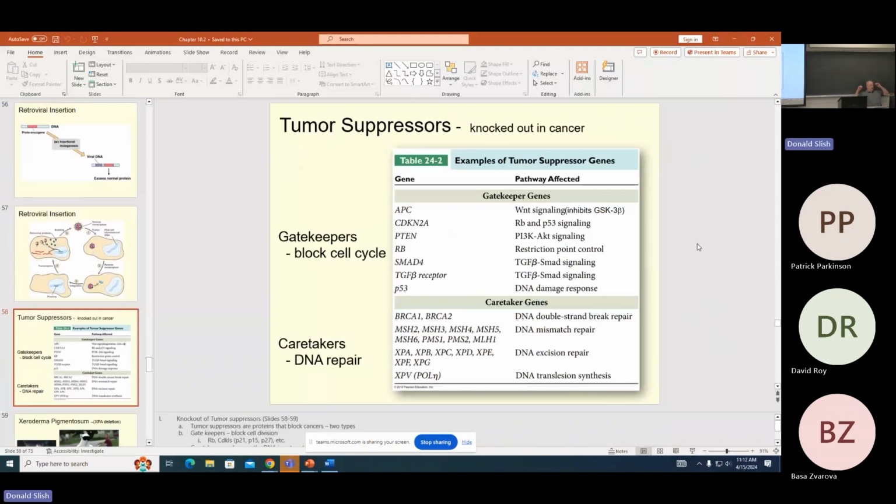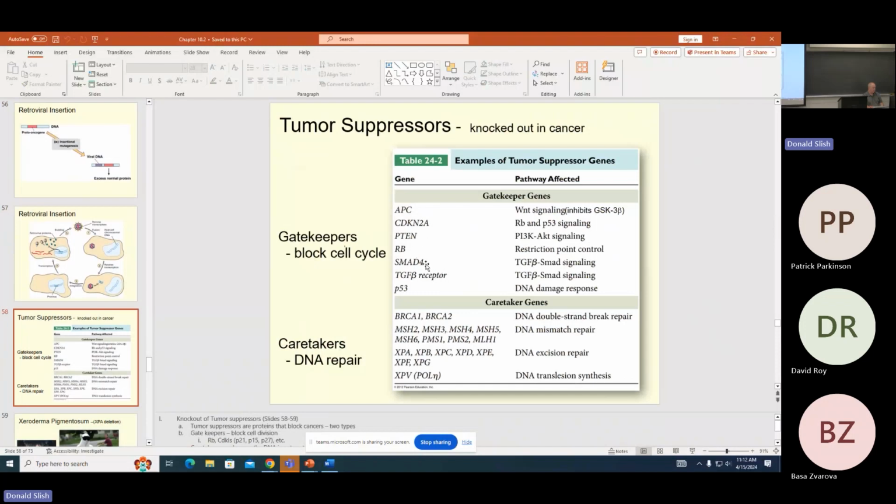And then we get into our tumor suppressors, two different types: gatekeepers and caretakers. Caretakers are the ones that are sensing damage and fixing the DNA, and your gatekeepers are the ones that are blocking the cell cycle directly. So APC, we talked about quite a bit, part of the destruction complex. PTEN, which is converting PIP3 into PIP2.